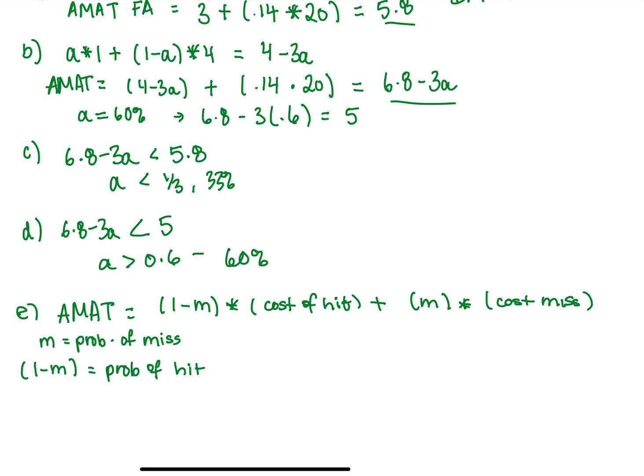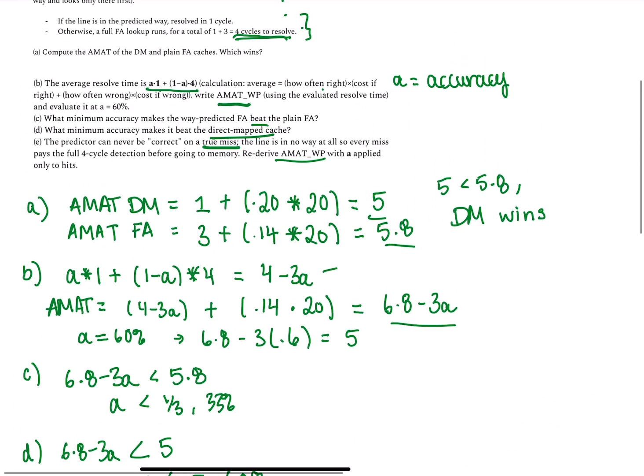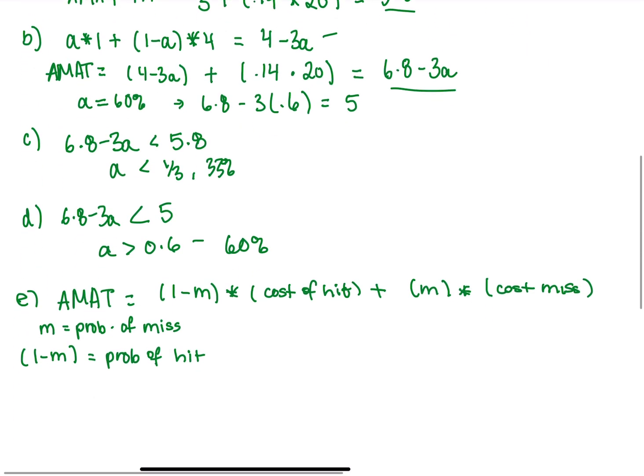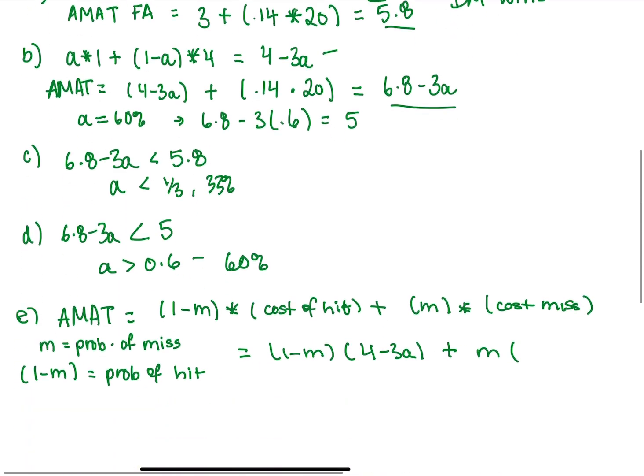So we already have that right here. This is the 4 minus 3A. That's the average resolve time, right? So we have (1 minus M) times (4 minus 3A) plus the probability of a miss times the cost of a miss. Like I said, we already calculated that with the way predictor, it takes 4 cycles to resolve plus the 20-cycle penalty to actually get it from memory. So that's 24 cycles.